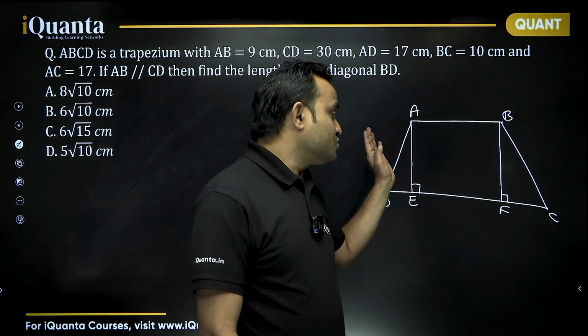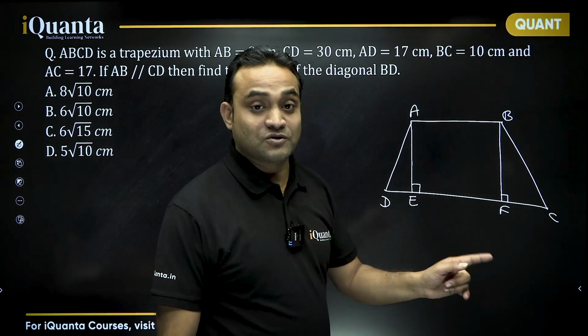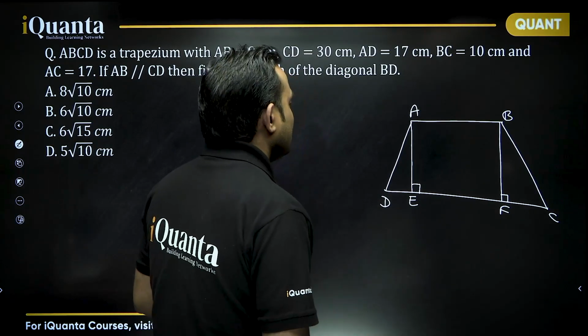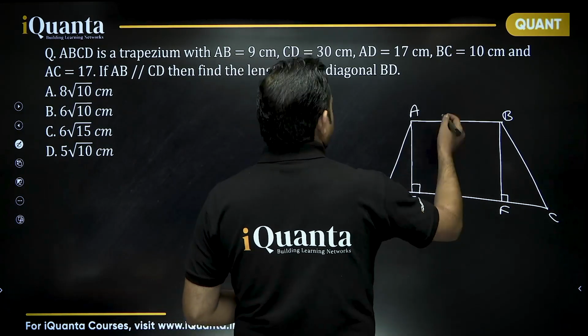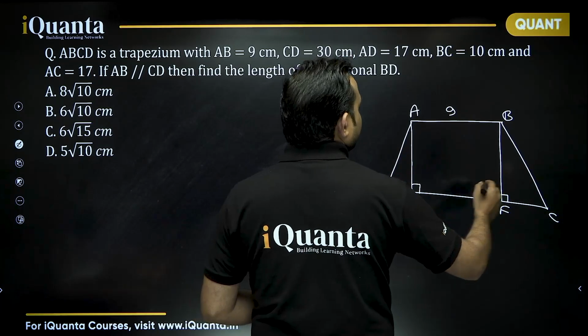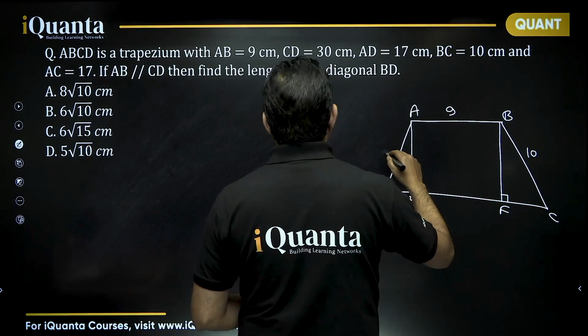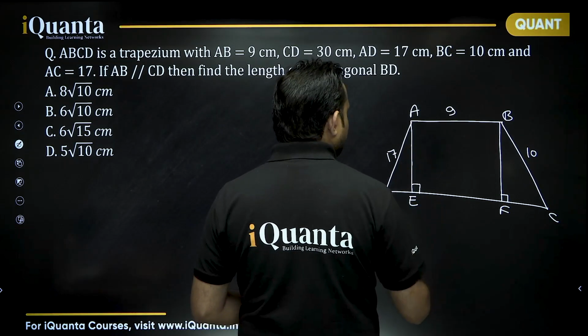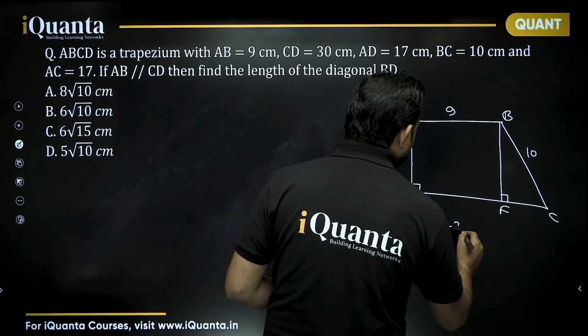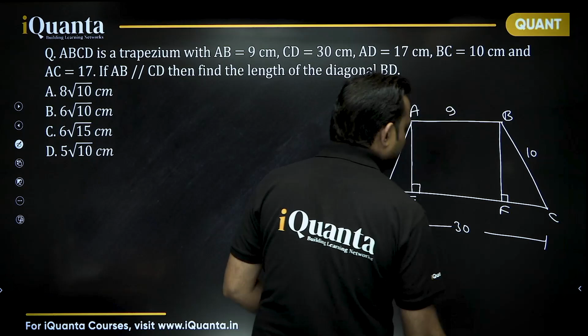If you want to use AC, there is another shortcut, so we will discuss that too. So it's given that AB is equal to 9, BC is equal to 10, AD is equal to 17, and DC, or CD, is equal to 30.